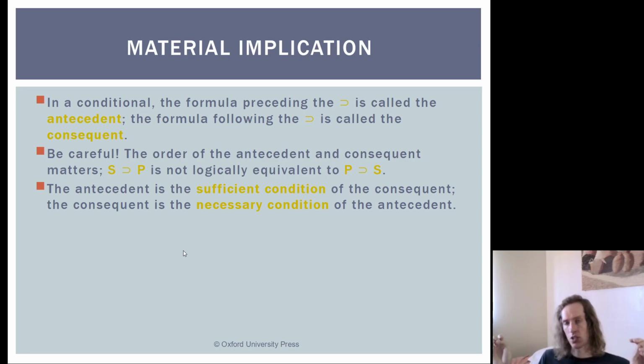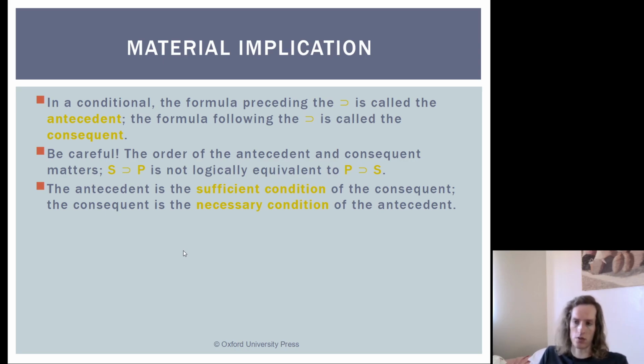So the sufficient condition guarantees that something comes after it. A necessary condition doesn't guarantee something in the same way, except if you already have that thing. So, for example, if I have an object that is a square, then I know certainly it has four sides. Four sides is a necessary condition of being a square. It's just not a sufficient condition. There's more to being a square than having four sides.